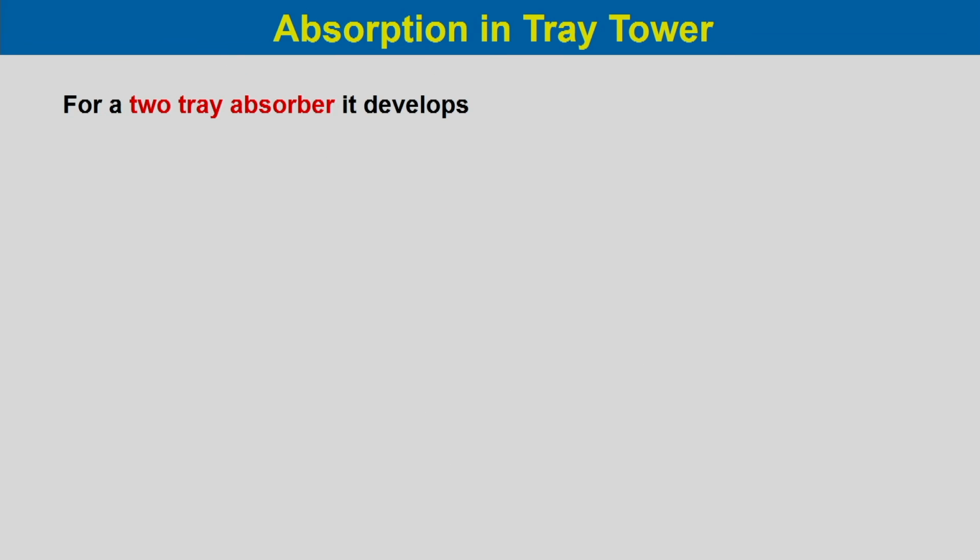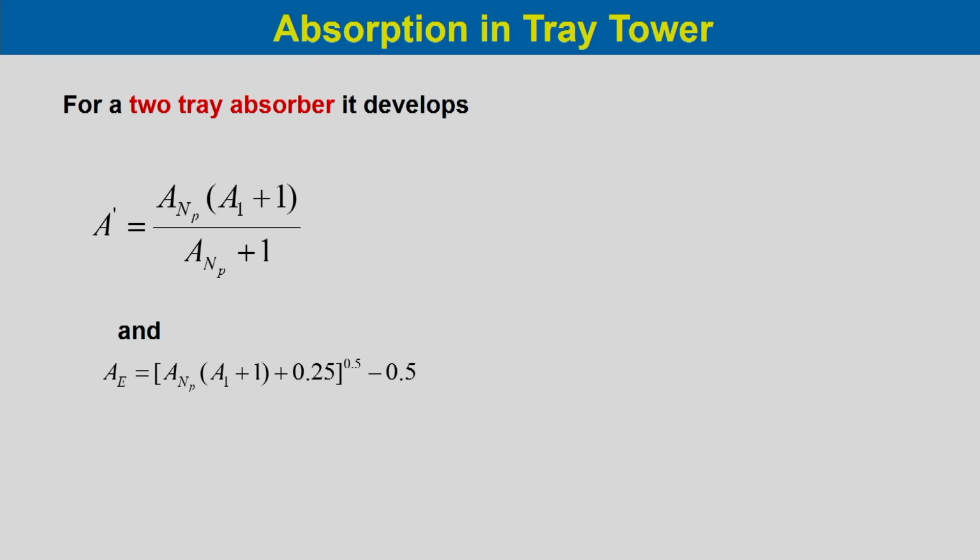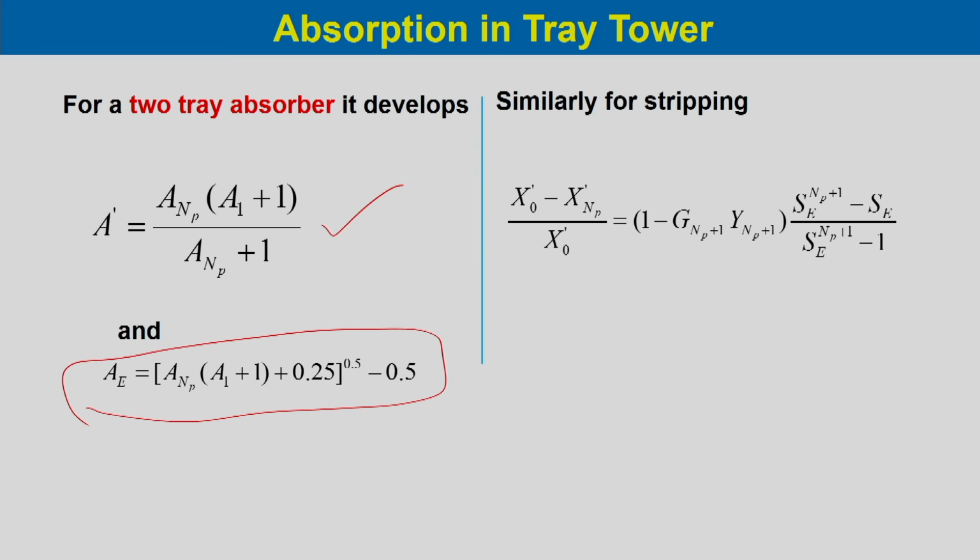Similarly, for a 2 tray absorber, it develops this equation, and the effective absorption factor or average absorption factor can be defined like this. Similarly, for stripping we can obtain this relation by using the average stripping factor, and S' can be written over here.